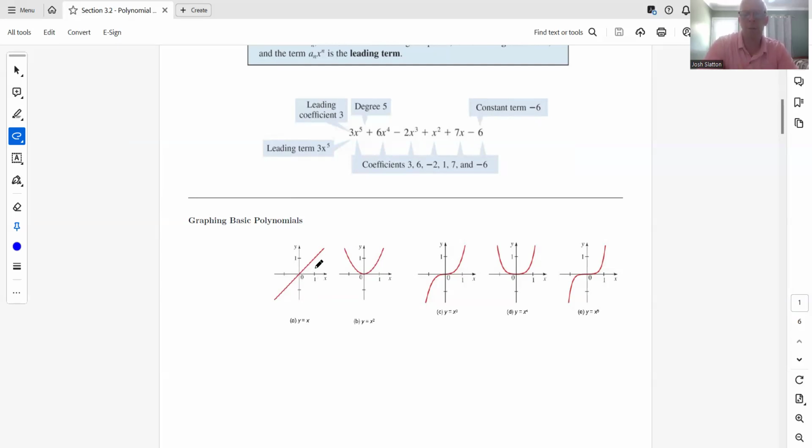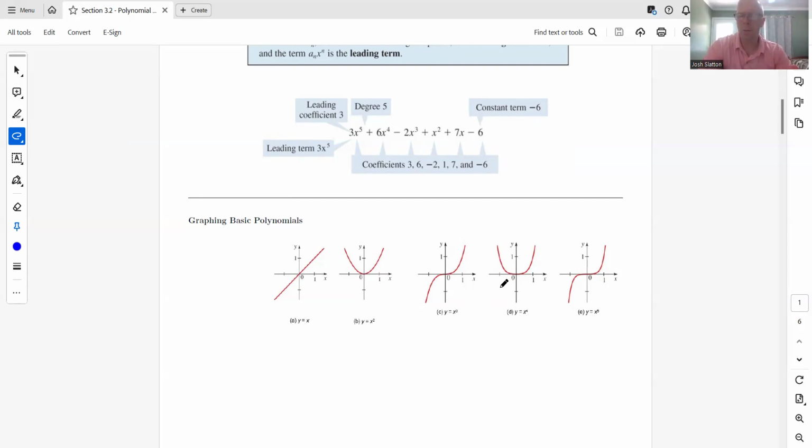But usually when we talk about polynomials, we're not talking about linear functions, although they are polynomials. But if we notice the even polynomials here, they have basically the same shape. The difference is the higher the exponent or the higher the degree gets, the flatter it gets around 0, and then also the steeper it will rise once you get away from 0. But the even polynomials all have that same basic shape.